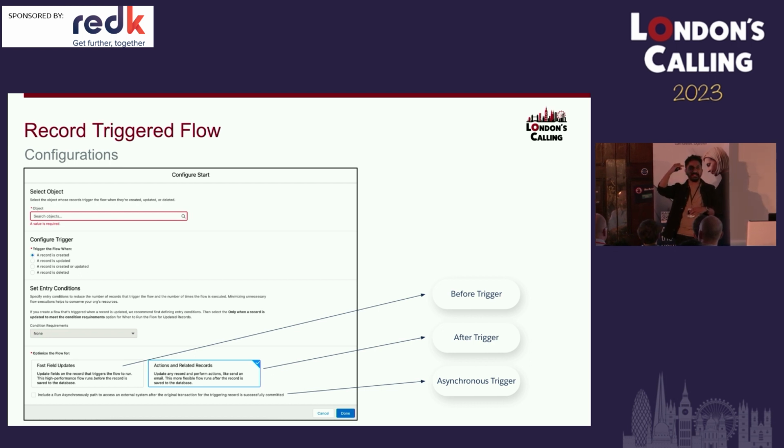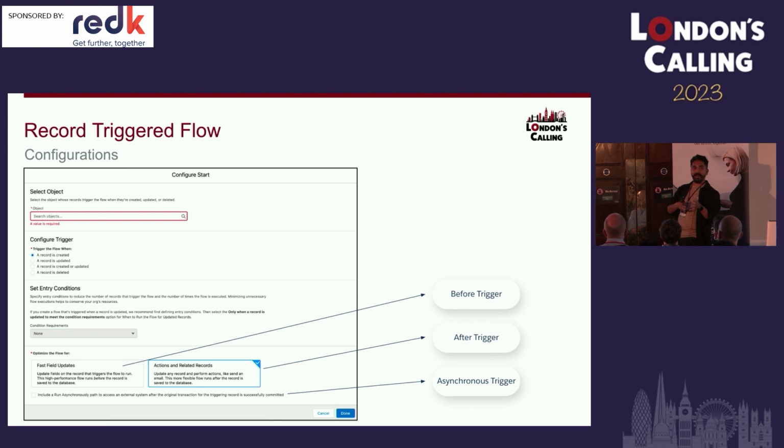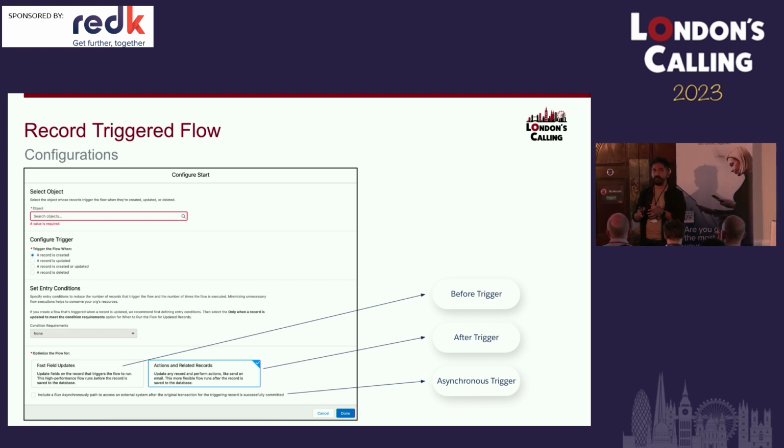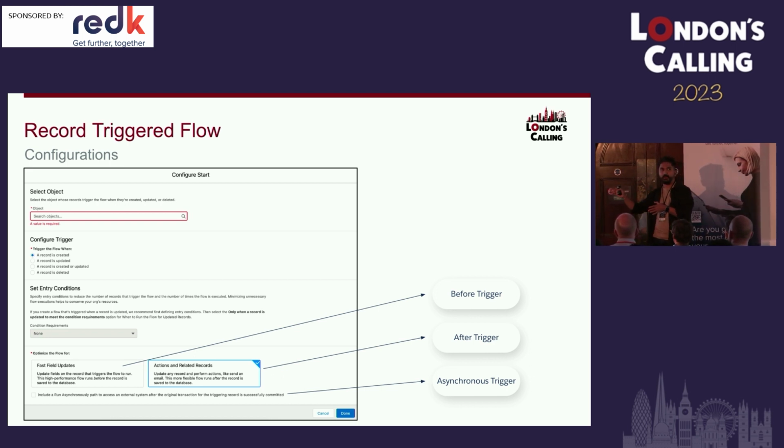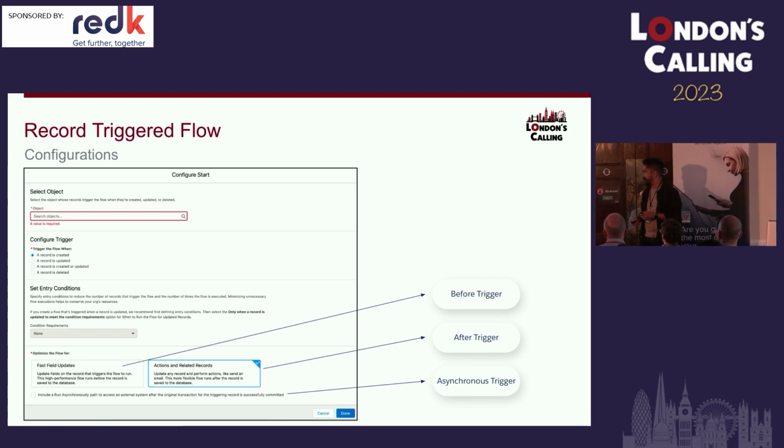If a case is of medium priority, do so and so. But filtering on when the flow is to be triggered is pretty critical for performance. We'll touch base more on that in the demo and in the performance best practices. So really important thing to note.